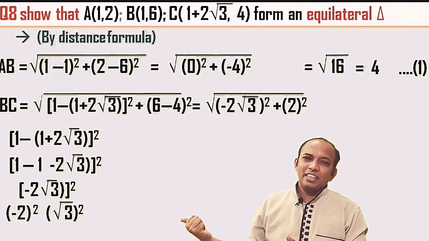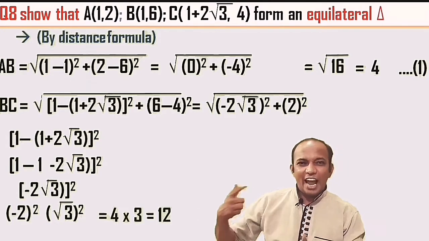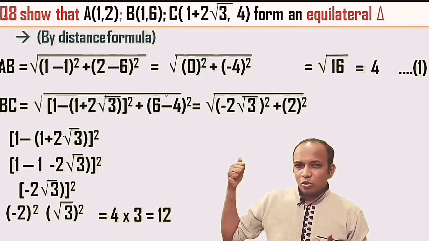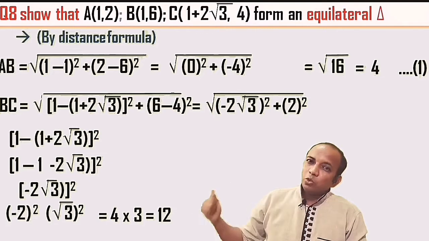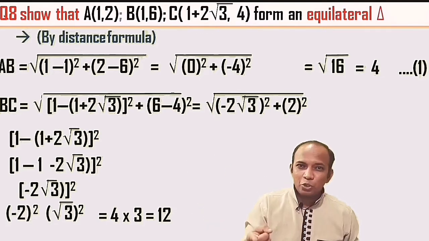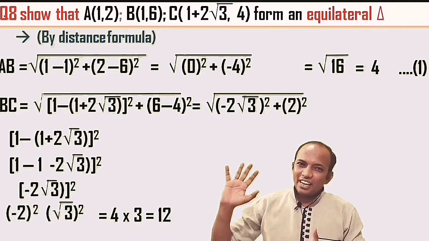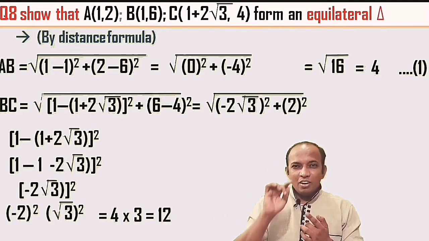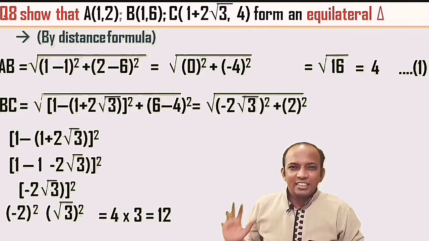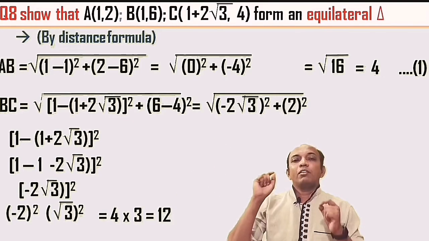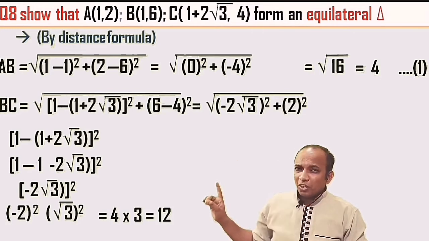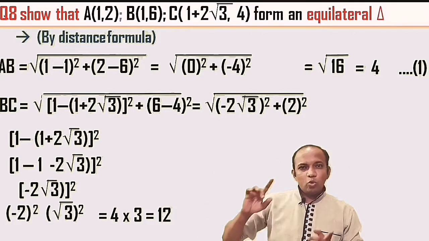It doesn't matter whether the negative sign is there or not, because after squaring it has to be positive. So 2 square is 4 and root 3 square is 3. The way I told you, under root a square, the answer is a, or root a the whole square, the answer is a, vice versa. So we are left with 4 into 3, and that results in 12.